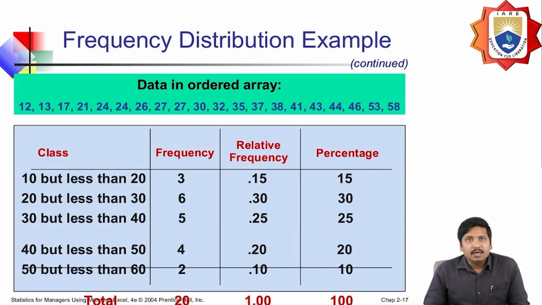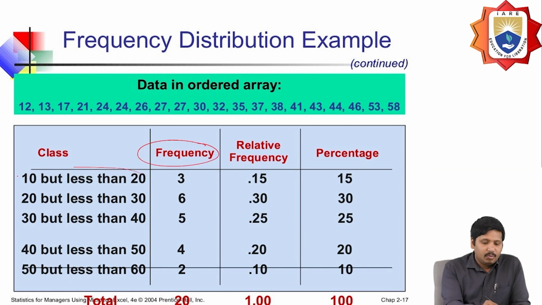The next step is to put the data in an ordered array. This is the data we have. Find the frequencies between 10 and 20. The number of frequencies will be 12, 13 and 17.